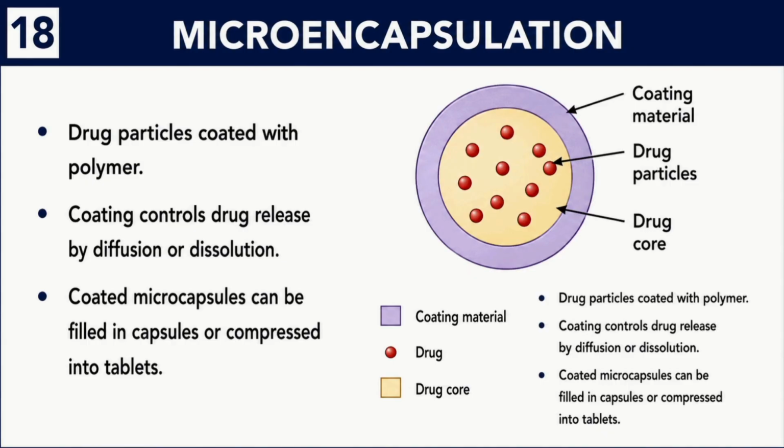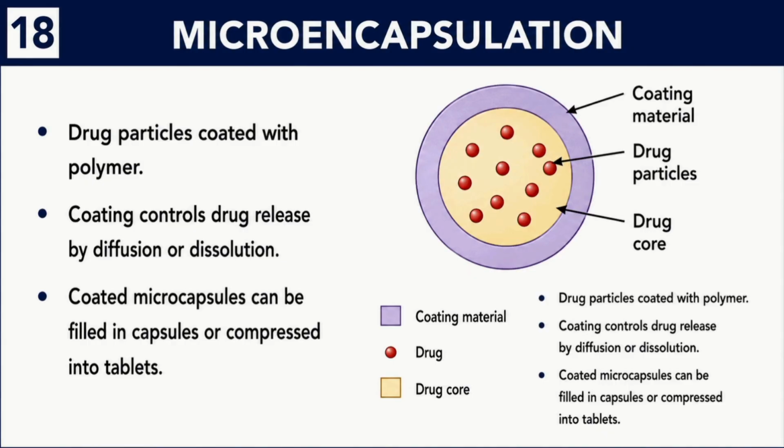The coating acts as a diffusion or a dissolution barrier here. By changing the polymer types, the coating thickness, permeability and the particle size, the drug release rate can be modified here. Microcapsules can subsequently be incorporated into capsules, tablets or suspensions.